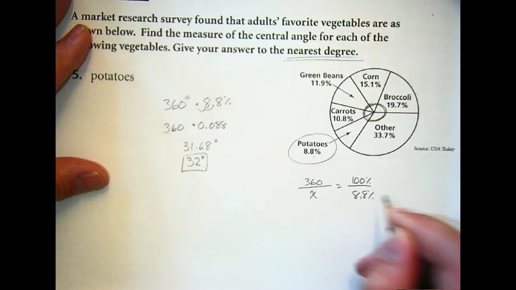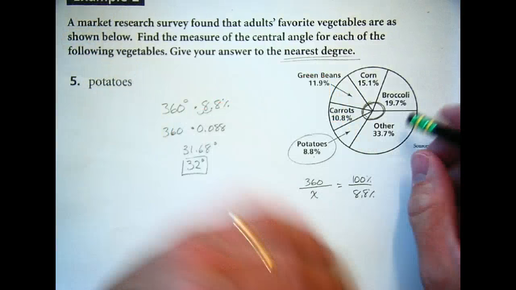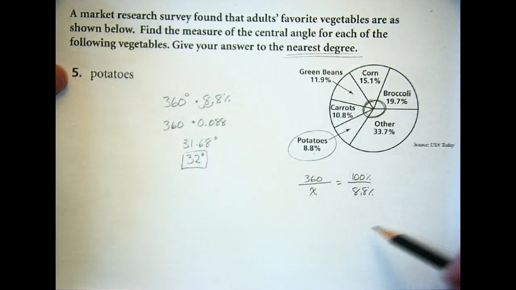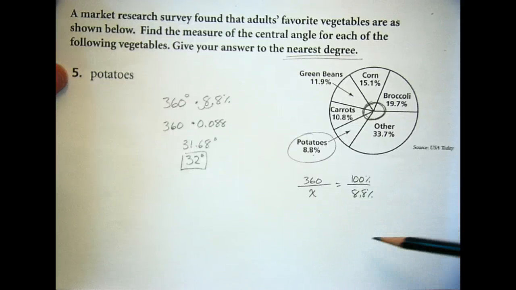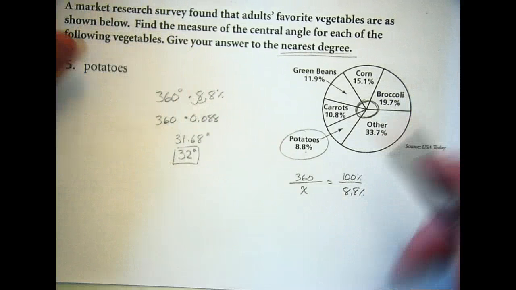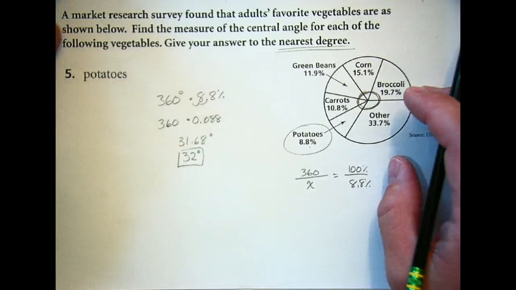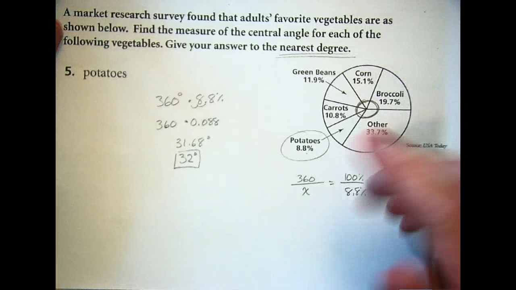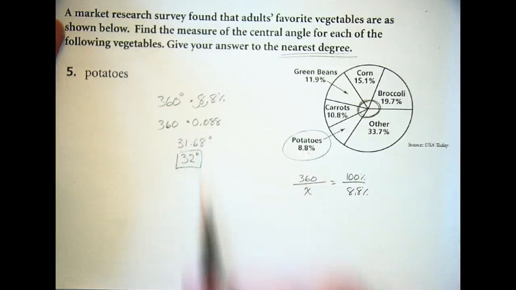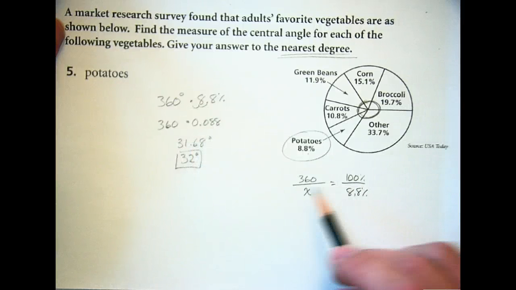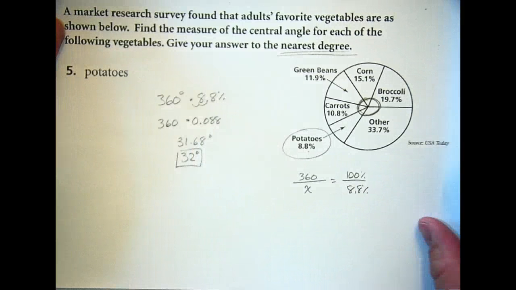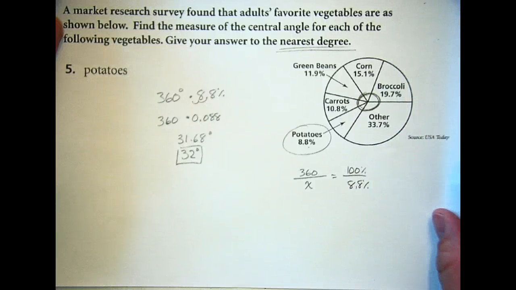Okay, so you set up a proportion. Either way, any of those ways work. If you just multiply by the decimal form, that works. If you go this route, that works as well. Other questions? Good job.